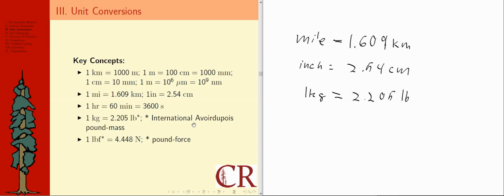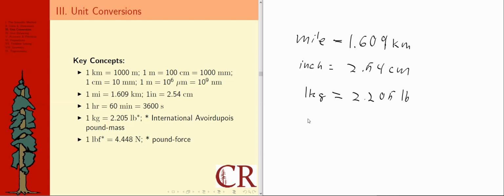But one of the issues that does come up from this is that the pound, it turns out, can either fall under the category of units that describe mass, which is a base unit, but it can also be units that describe force, and force is not a base unit, it's a derived unit. I'm not going to digress too much on that because that's going to be more of a story a couple of chapters from now in this class. We're going to be really focused on force and its units, so that'll come back a little bit.